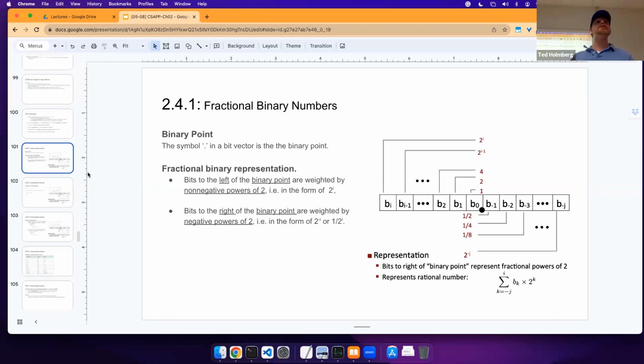Any numerical values that are to the left of our binary point will be a non-negative power of 2, so it's going to be non-fractional. And any bits to the right of our binary point are going to be a negative power of 2, or in the form of 2 to the power of minus i, where i is the position inside of our bit string that we're evaluating.